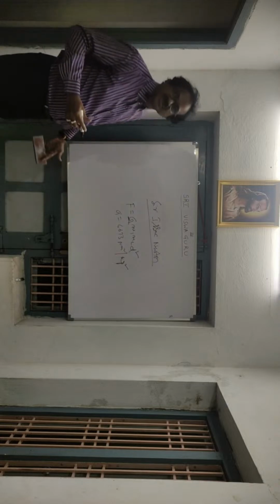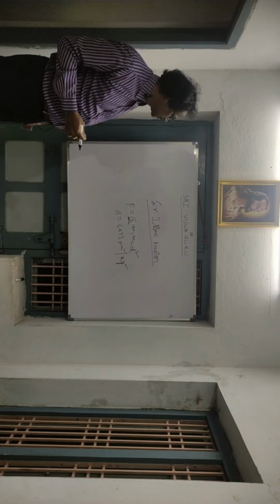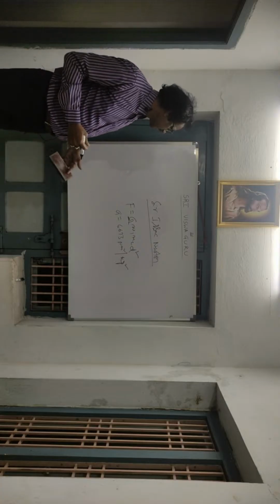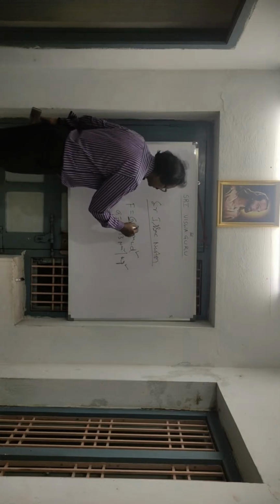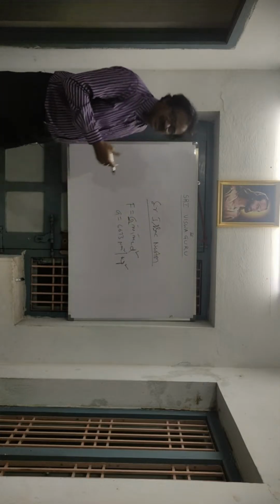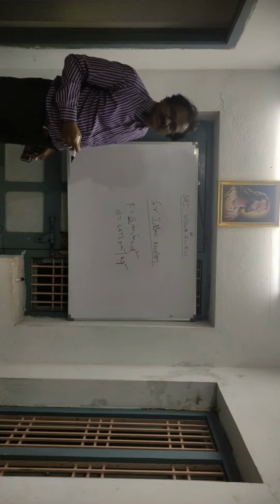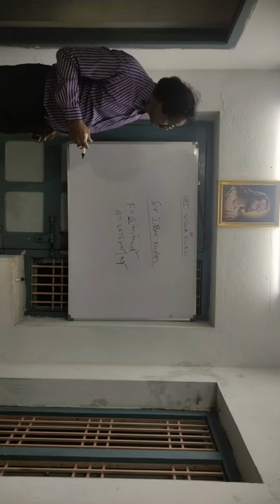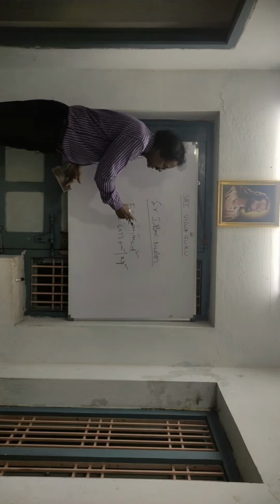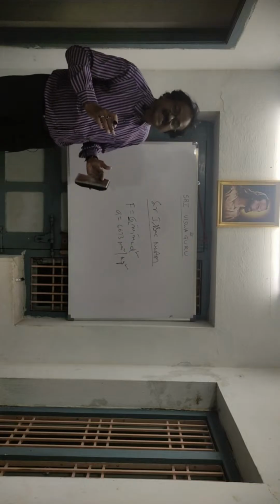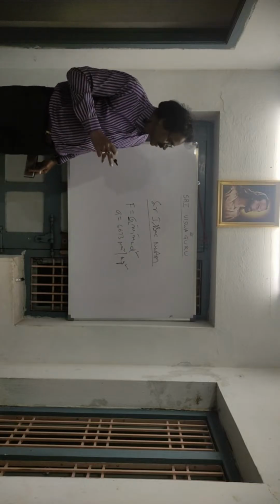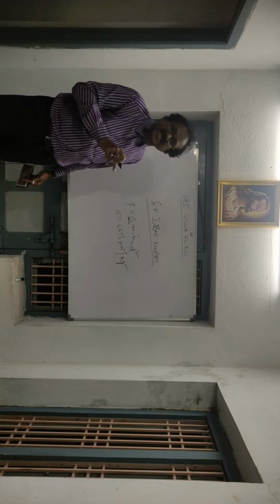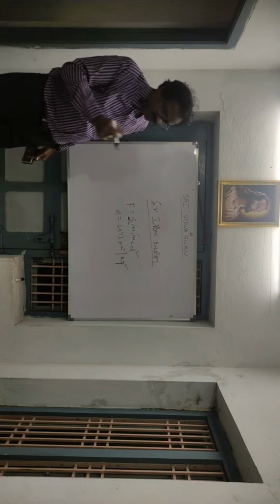What are m1 and m2? These are the two objects. The masses of the two objects attract each other due to the gravitational force.